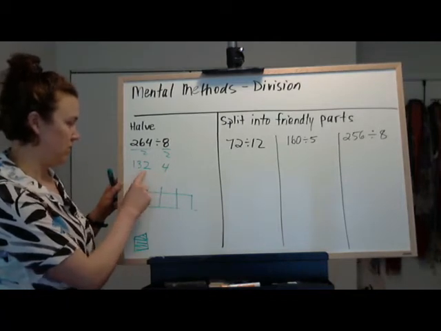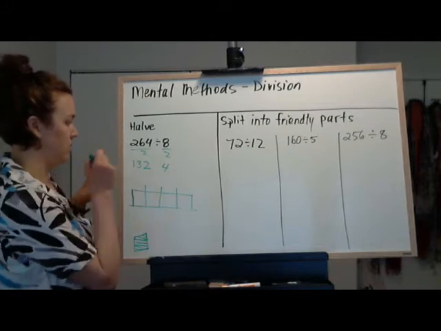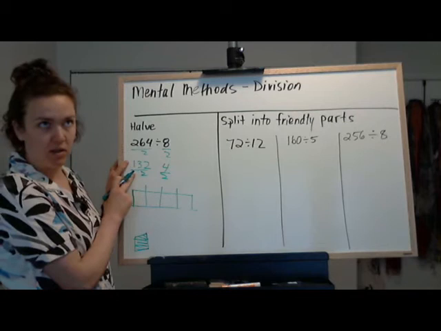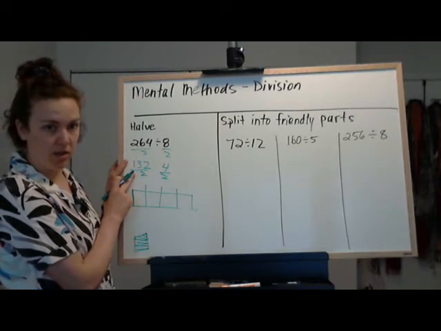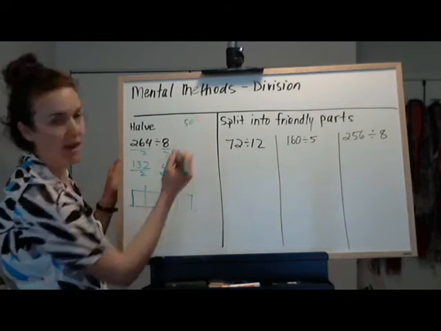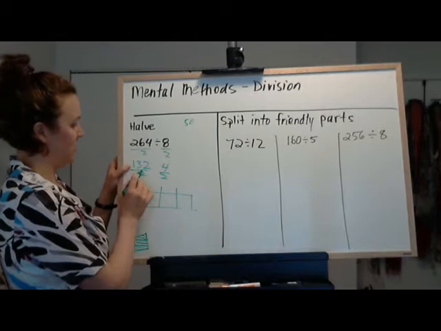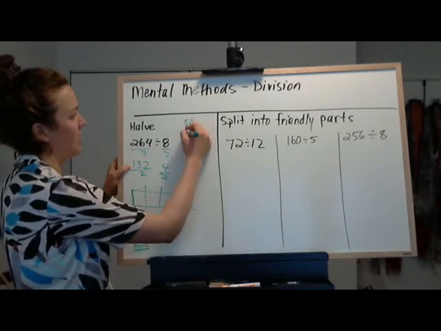So 132 divided by 2. 100 split in 2 is 50, and then 32, I have to write these down. If you can't keep all this in your head, don't worry. So 100 split in 2 is 50, 32 split in 2 is 16.